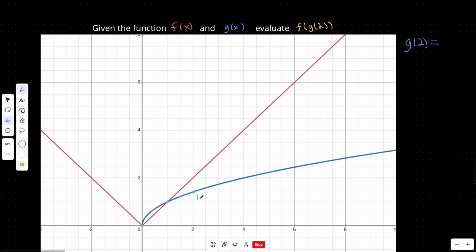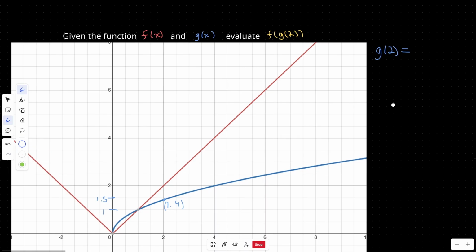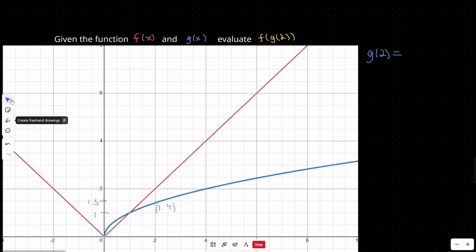It's getting a bit messy. I probably should have chosen a different function, but that's all right. So g of 2 is approximately equal to 1.4.